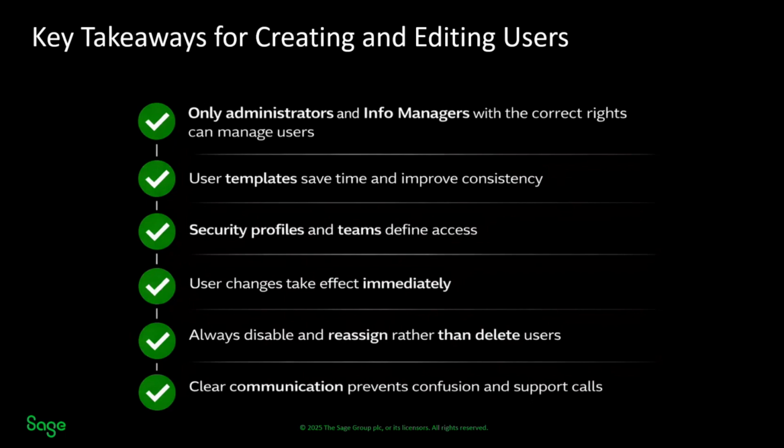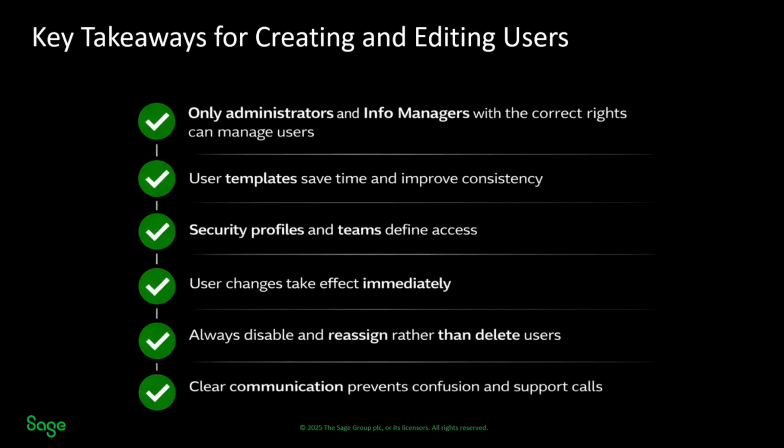And we always need to disable and reassign rather than delete users in order to keep all of the historic information as correct as possible. Clear communication about any of the changes that you're doing will always prevent confusion and support calls for the internal administration team for your implementation of Sage CRM.